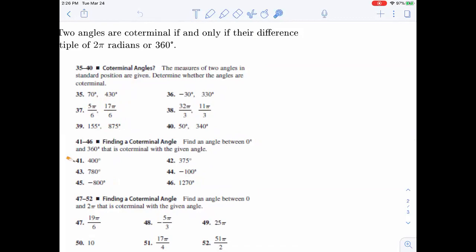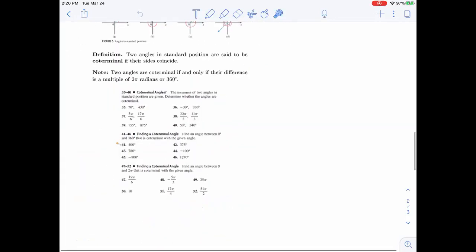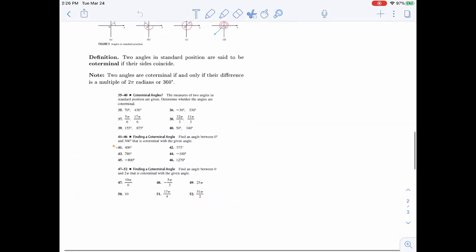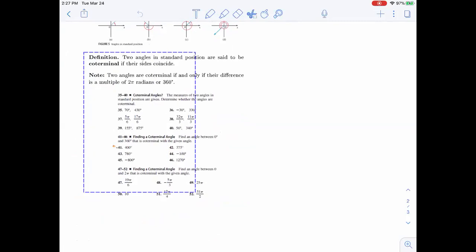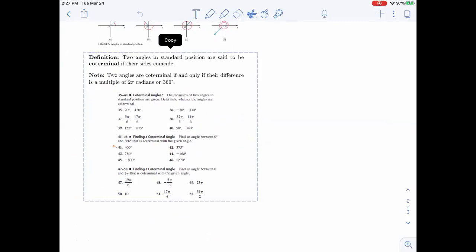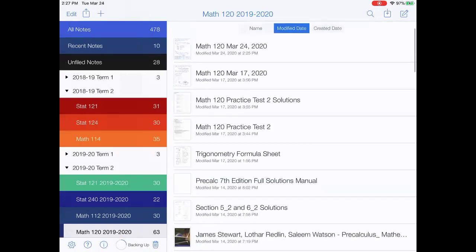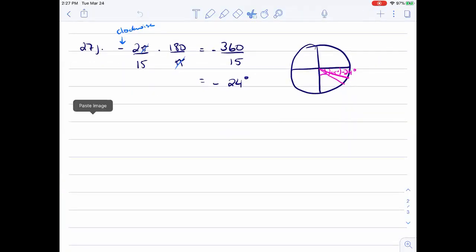And usually radians would have some sort of pi, but not necessarily. And so here, I'm just going to steal this whole chunk, because we didn't really get a chance to spend a lot of time on this.